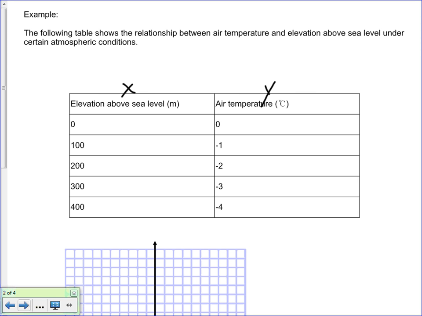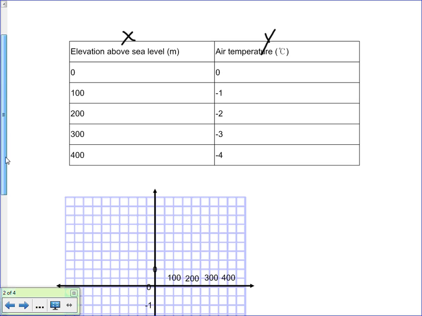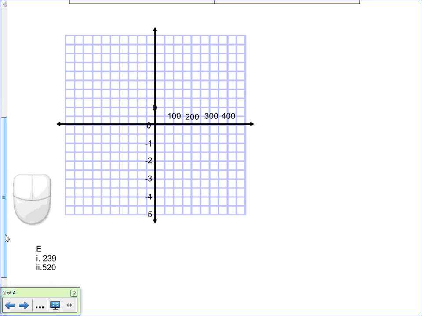Now, when we come to a problem that we can try to solve, we have to remember that on a graph, because we're going down, hitting negative values and increasing negative values, our graph is going to slope this way.